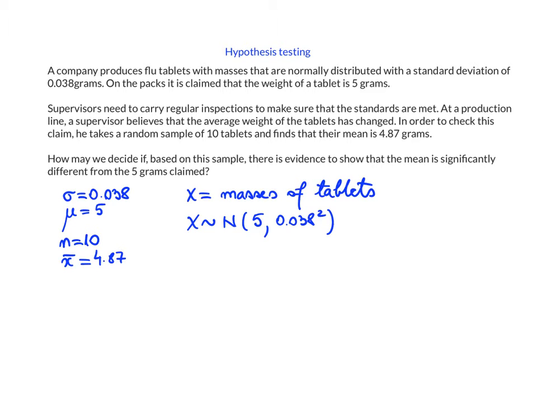We always consider that the person claiming is right. So we consider that the company produces the right weight. Now n is small indeed, but because x is normally distributed, then according to the central limit theorem, the sampling distribution of the mean will be normally distributed with mean 5 and variance 0.038 squared over 10.